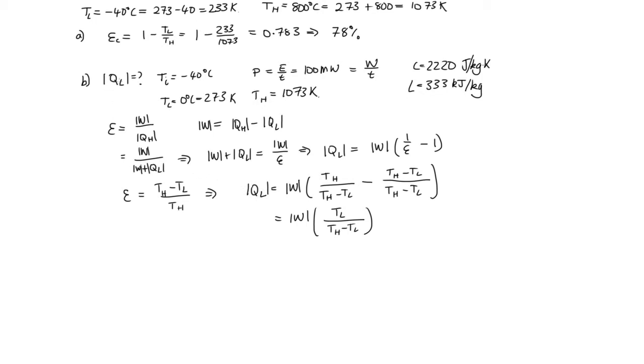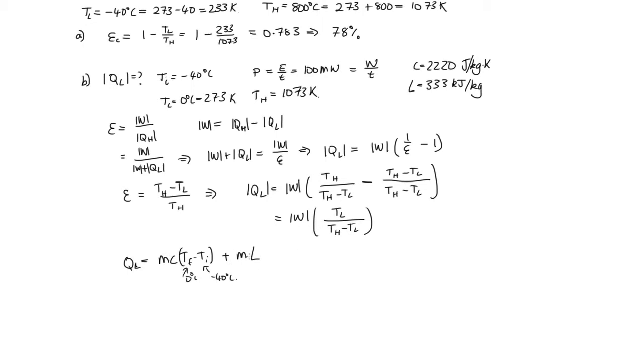But we also know that this QL is used to melt the ice. And to melt the ice, first of all, it needs to raise it up to melting temperature. So the final temperature is 0 degrees C. The ice starts at minus 40 degrees C. And then it also needs to melt it. So it needs to make the mass of ice undergo this phase change. So that's times mL. So this is what that heat is used for.